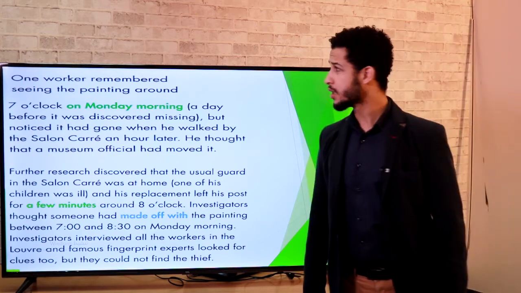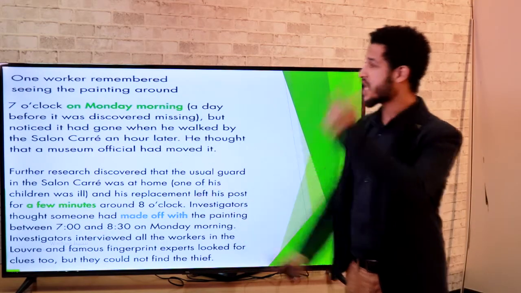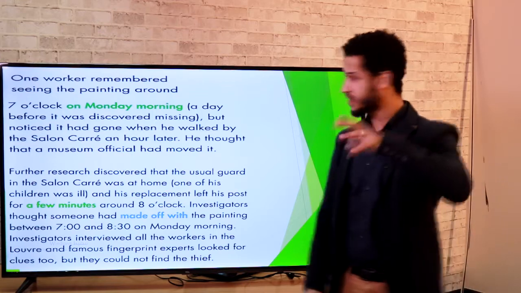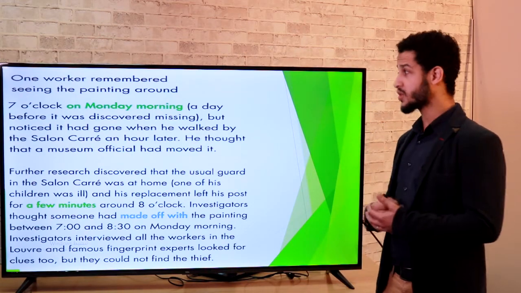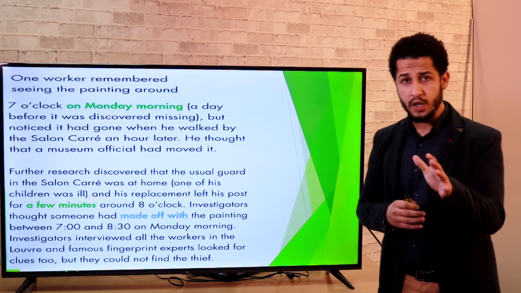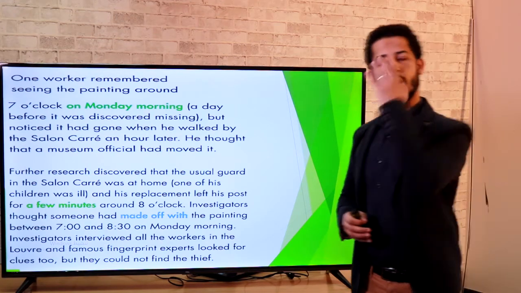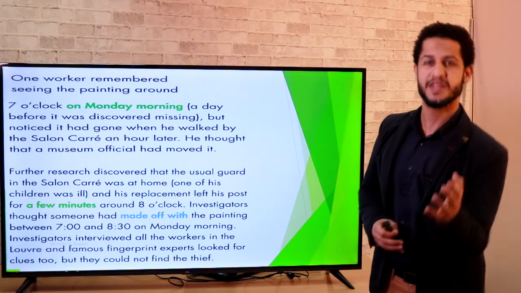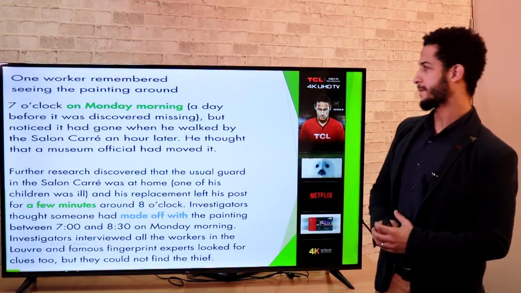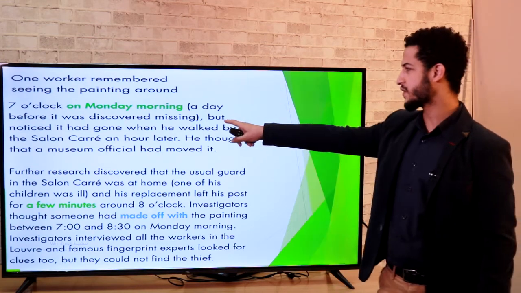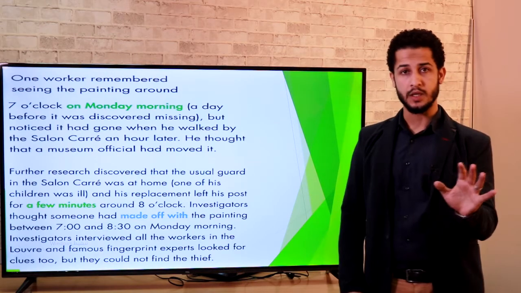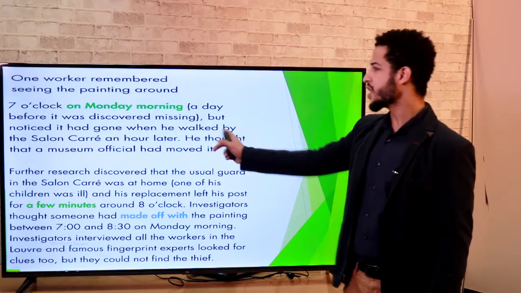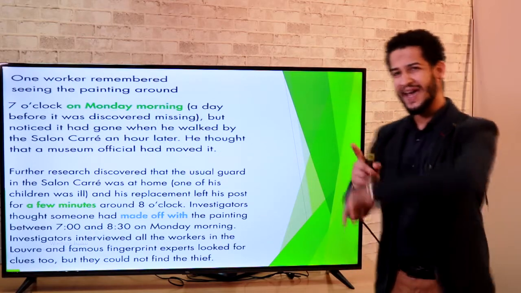One worker remembered seeing the painting around 7 o'clock on Monday morning, a day before it was discovered missing. But he noticed it had gone when he walked by the Salon Carré an hour later.